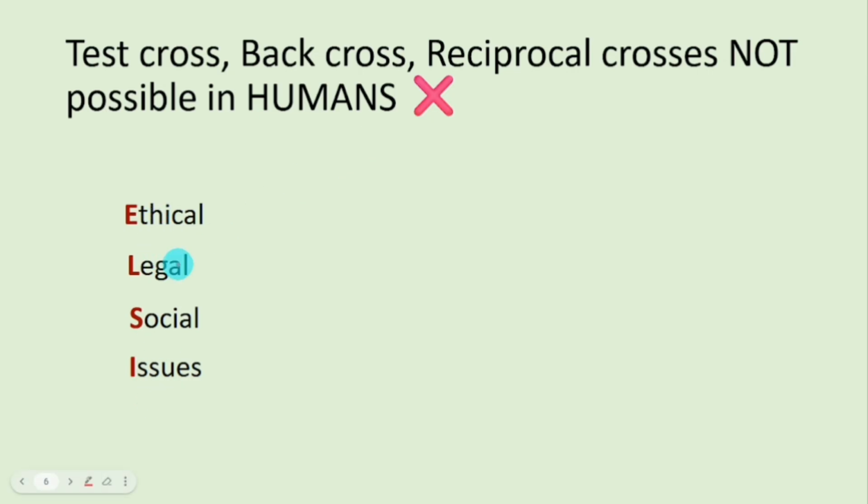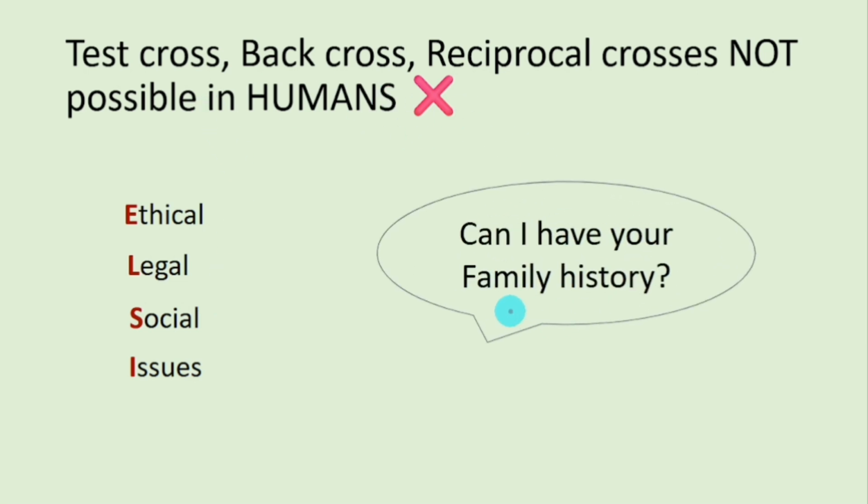This is called ELSI. You will learn about it in higher class. So while doing human experiments, you have to consider all these aspects. So because we cannot do crosses, the option is we have to study the family history in order to understand inheritance of a particular genetic disorder.